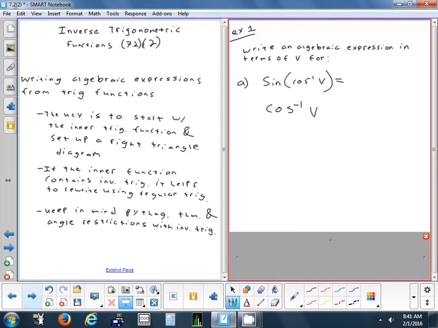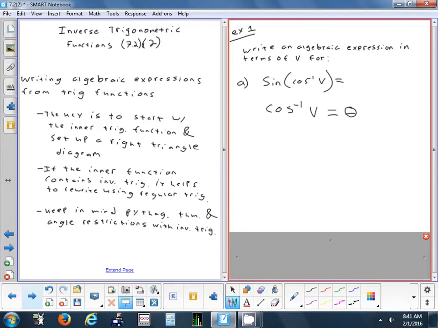I'm just going to write down the inverse cosine of v is going to equal some angle. We don't know what it is. I'm just going to say that if you could figure it out, it would equal something. Now I'm going to rewrite this using regular trig. I want to get rid of inverse cosine.